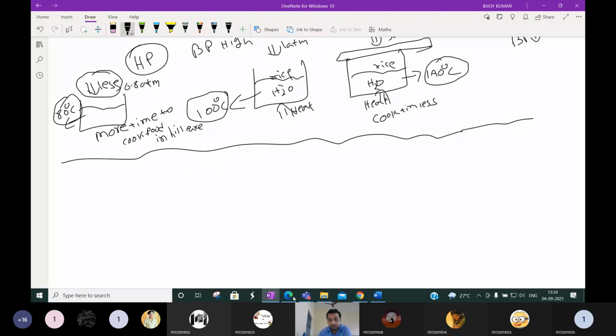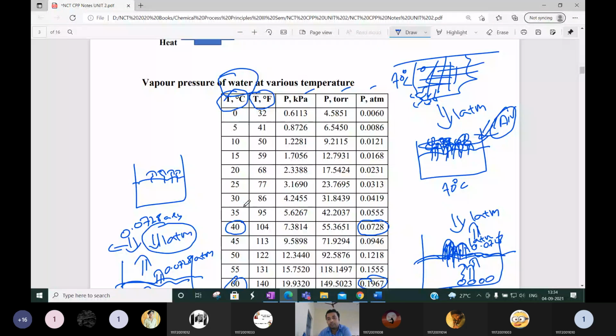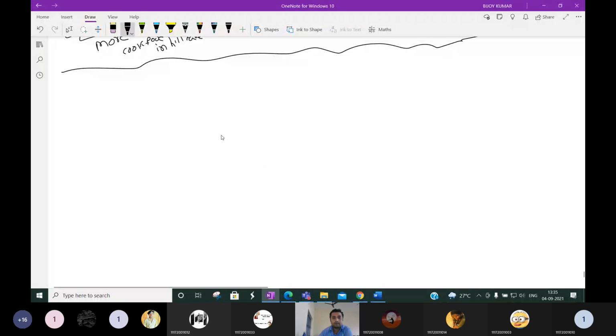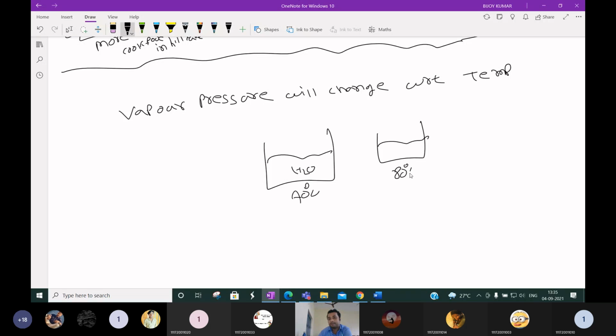Okay, so here you see first. Till now what we discussed, this vapor pressure will change with respect to temperature. Yes or no? At 40 degrees centigrade you are boiling water, and at 80 degrees centigrade you are boiling water.